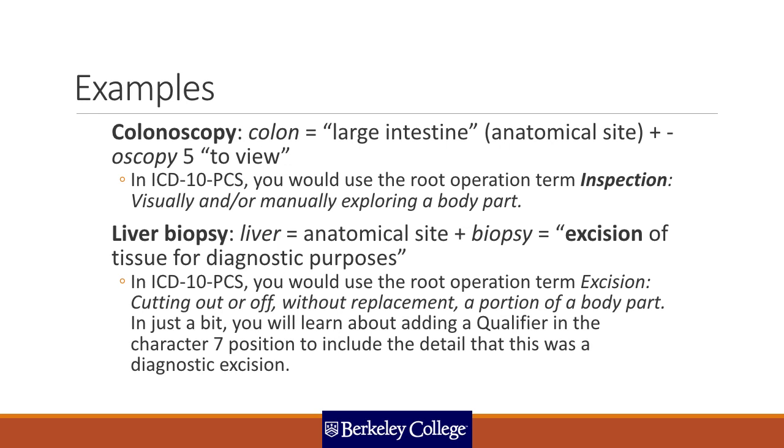And oscopy, to view, happens to be the same definition of the ICD-10 PCS root operation term inspection, because that's what you do when you inspect, you look carefully. So that's how you will report this in ICD-10 PCS, using inspection.